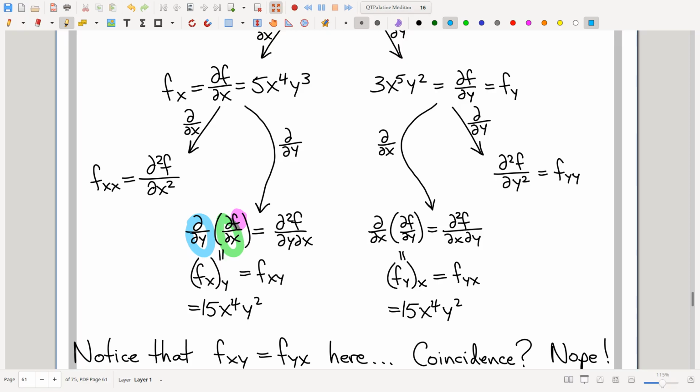Because we write these down on the left. But notice when we use the Newton notation, the subscript notation, we put the derivative in a subscript, but on the right. And so the same derivatives, x partial first, written as a subscript.